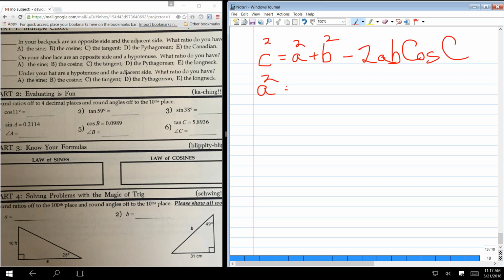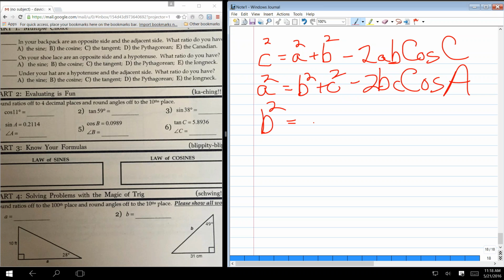What would you think a squared would be? a squared equals b squared plus c squared minus 2bc cosine B? No, it's always the cosine of whatever letter is over there. Oh, A. Okay. In other words, there's a pattern to all 3 of these. What's b squared equal? b squared equals a squared plus c squared minus 2ac cosine B.